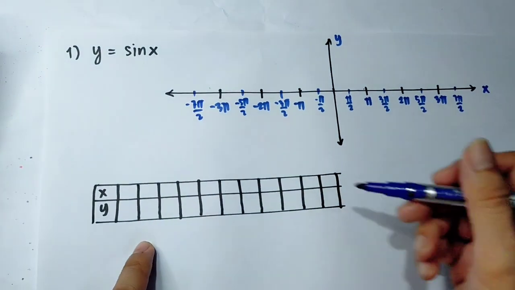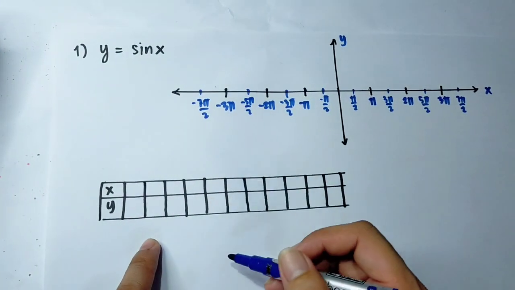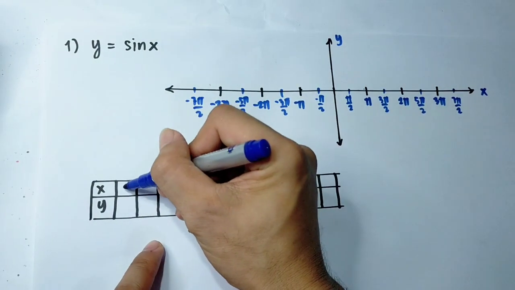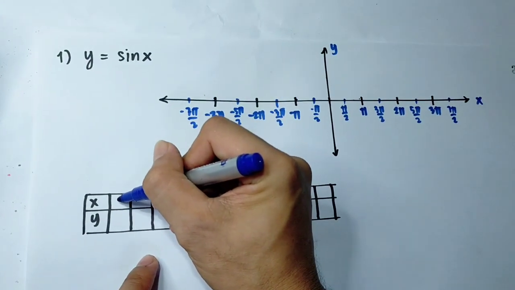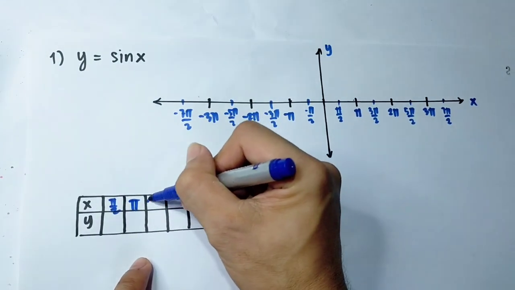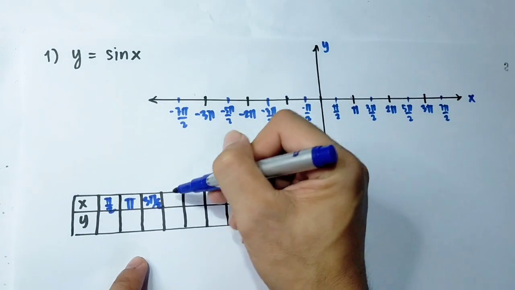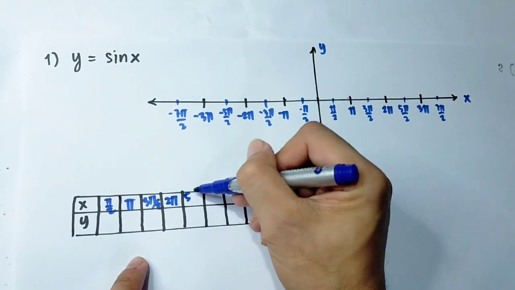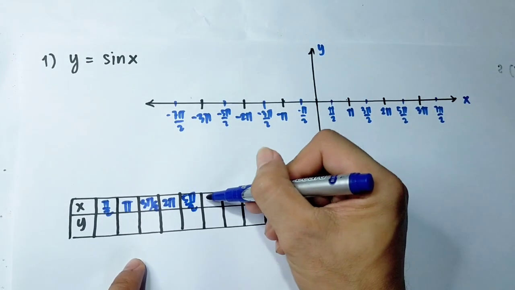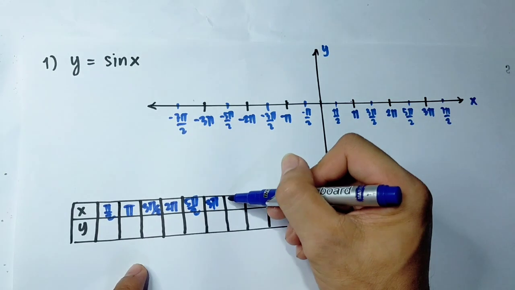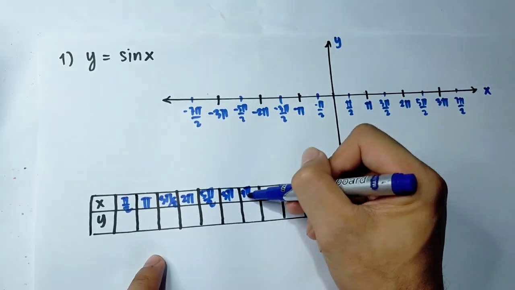Now let's start using the table of values. Let's begin from pi over 2 here, then pi, 3 pi over 2, then 2 pi, 5 pi over 2, then 3 pi, 7 pi over 2.